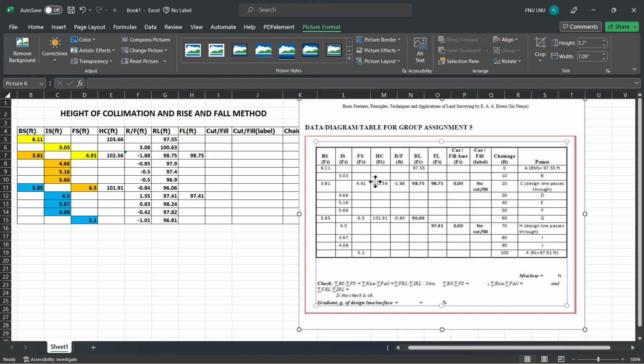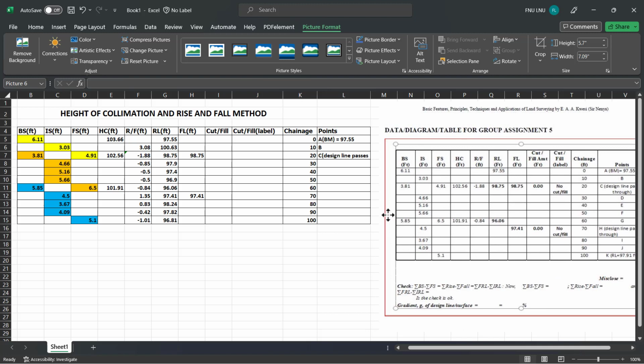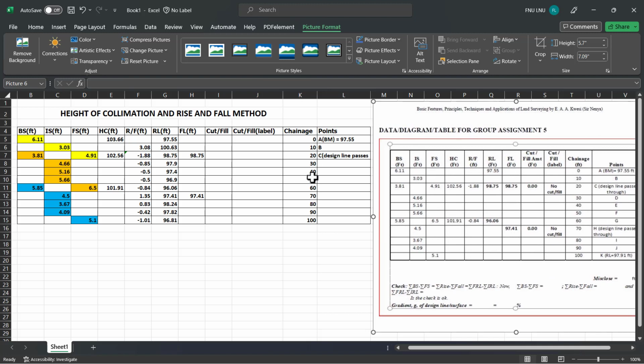So it's left for us to determine where there should be a cut and where there should be a fill. In the question, they gave us two particular finish levels at chainage 20 and at chainage 70.